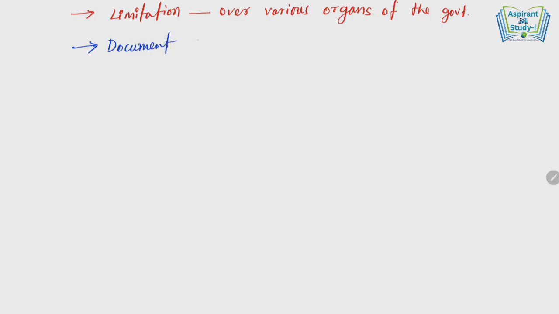Constitution also puts limitation over various organs of the government. And constitution is a document of social change and social justice, or social revolution.